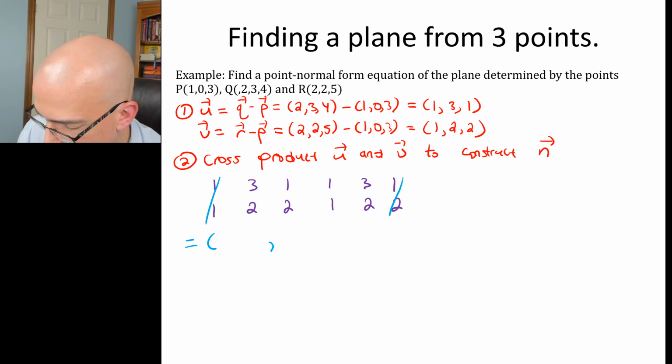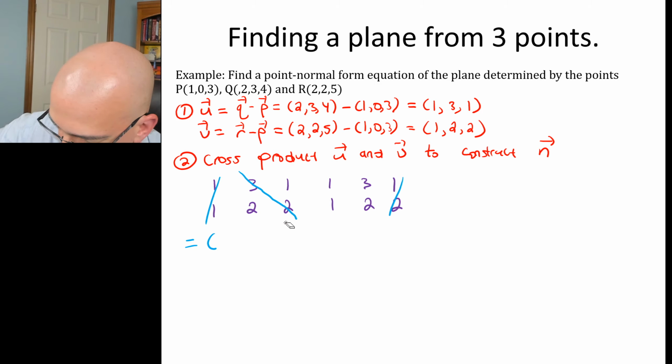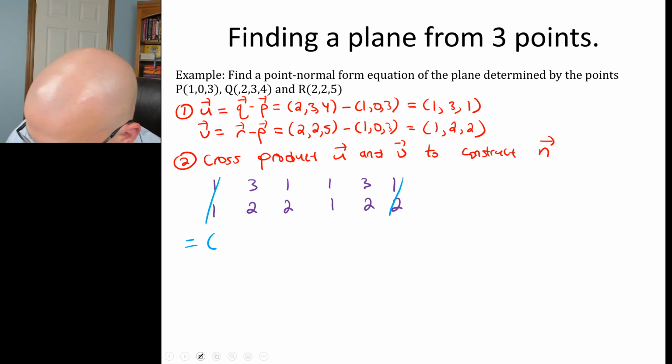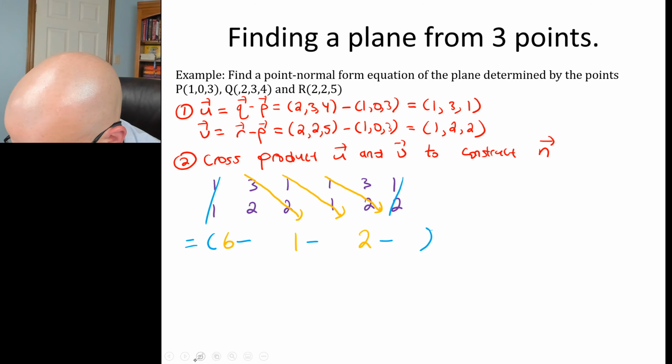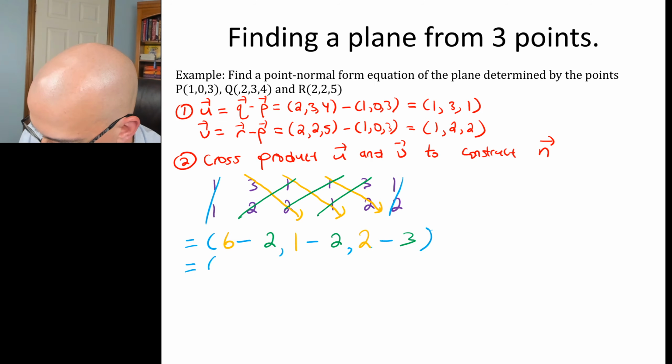First and last. I'll color code this one properly. 3 times 2, 6. 1 times 1, 1. 1 times 2, 2. And now the upper products: 2 times 1, 2, 2 times 2, 2 times 1, 2, 1 times 3, 3. Some commas in there, oops, almost missed the commas. So we get (4, -1, -1).